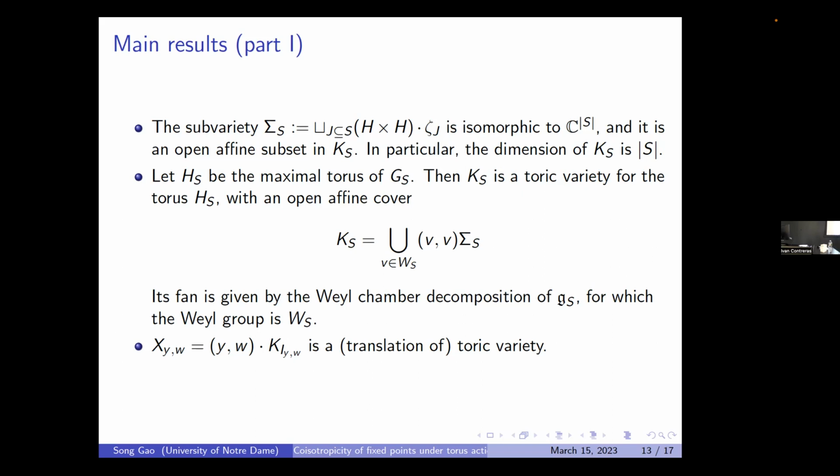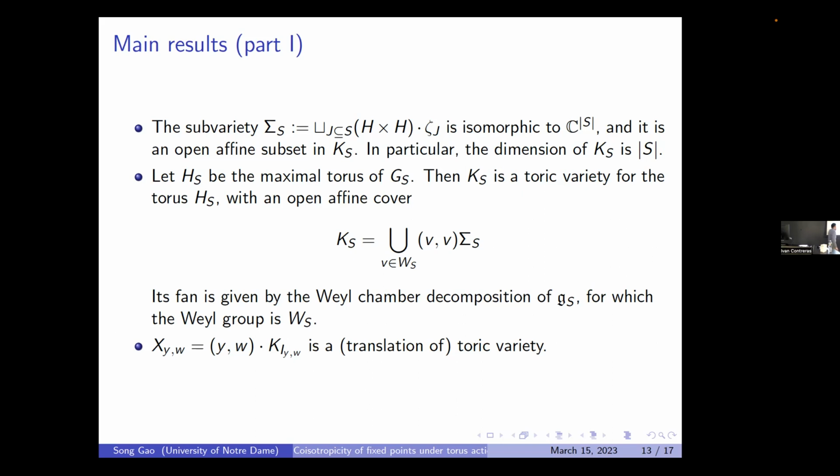And you see that these affine opens are labeled by the Weyl group elements. They correspond to the Weyl chambers. And in fact, the XYWs are translations of toric varieties. That's my result.